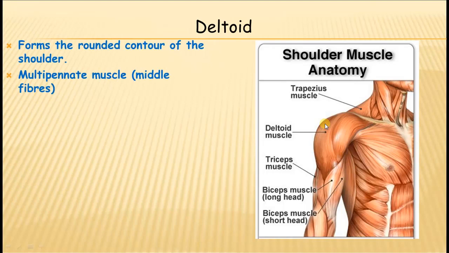It is mainly responsible for the rounded contour of the shoulder. So if your deltoid muscle is very well developed, then what happens is you get a very built and a very smooth and round contour of the shoulder.